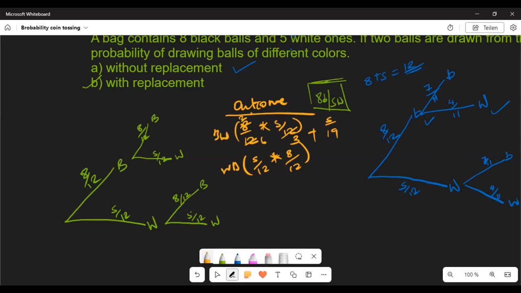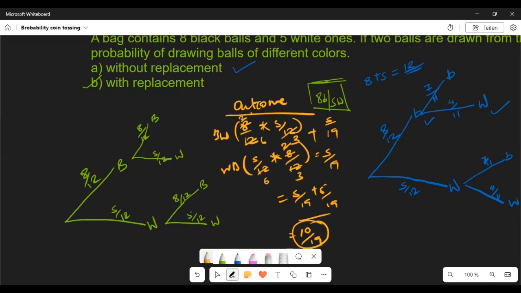All this is about 12. 4 goes here 2, 4 goes here 3, 2 goes here once, 2 goes here 6. So here it's going to be 5 over 19. If you add the two, you basically get 5 over 19 plus 5 over 19. Since the denominators are the same, we just have 10 over 19 as the probability of getting two different colors.